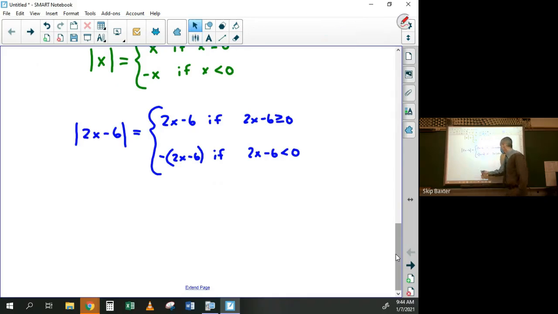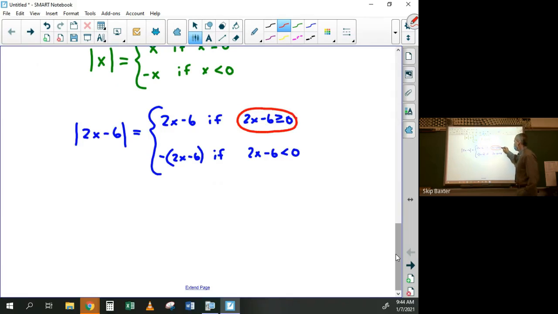Like this linear inequality right here, you could write it as 2x is greater than or equal to 6, and then x is greater than or equal to 3. And this inequality really can be written as 2x is less than 6 and x is less than 3.